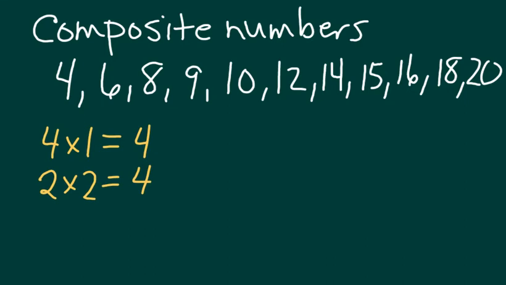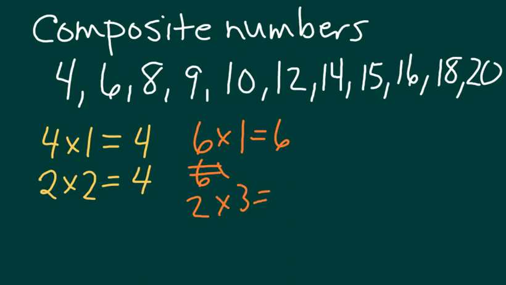If this was the only thing that could make 4, it would be prime. But since it's got 2 things that make 4, it's composite. Same with 6. You could make 6 by saying 6 times 1 is 6, or 2 times 3 is 6.